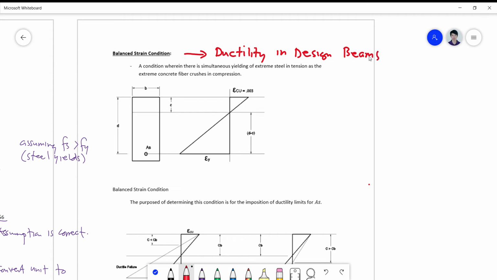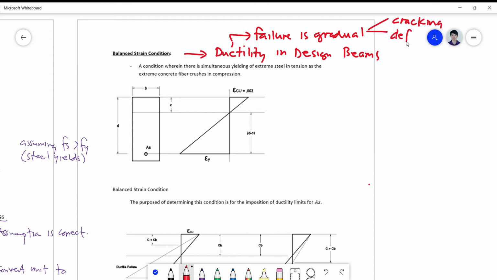And when we talk of ductility, it simply states a condition in which your failure will be gradual, and it is manifested by cracking and deflection.